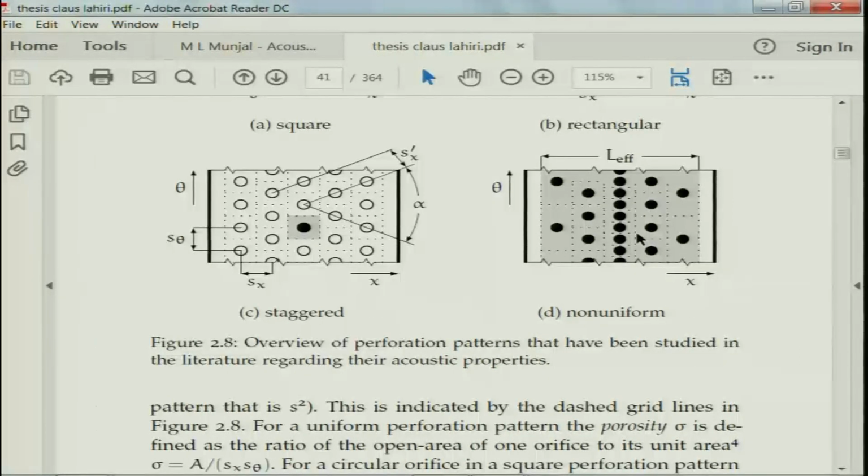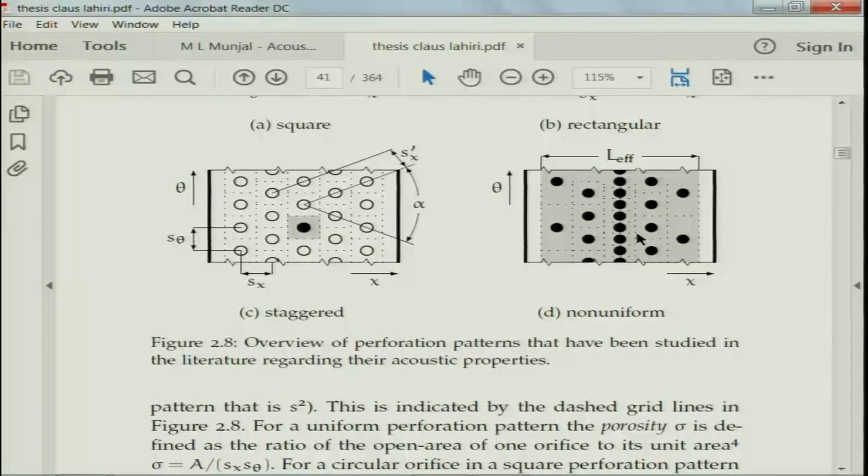The reason it affects the perforate impedance is that it decides the porosity, that is, how permeable the surface is, because remember we are modeling this by an impedance. It is like saying that the perforated part is a permeable surface. It allows waves to pass, but with a certain resistance or impedance, some opposition. That is what we are trying to model.